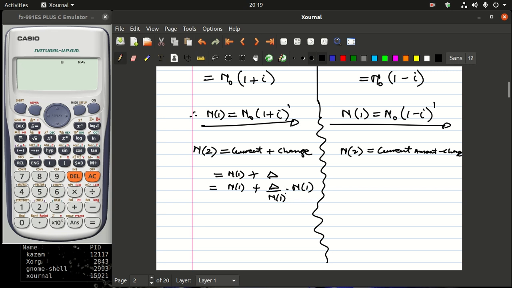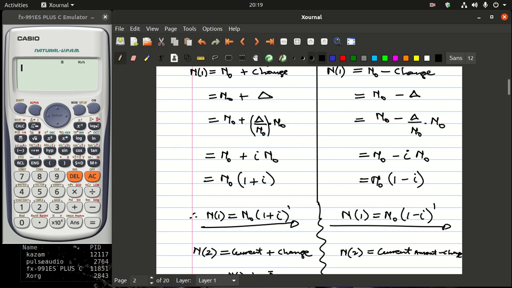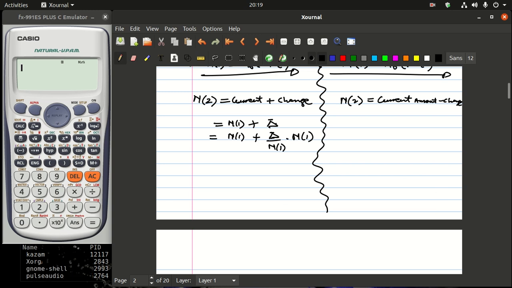I want you to note that this change here, let me put a hat there, to say that this delta is not the same as this delta there, but this delta here is proportional to n of 1. So we have this delta divided by that, and because the rate is proportional to this, whatever the delta was compared to this is still our I. So we're going to have n1 plus I times n1, because the rate is supposed to be constant, so this is still the same as I.